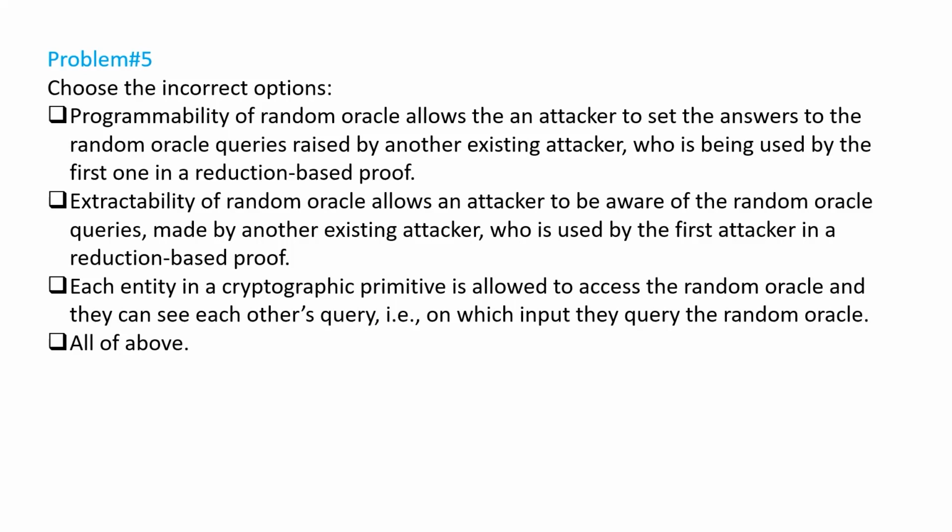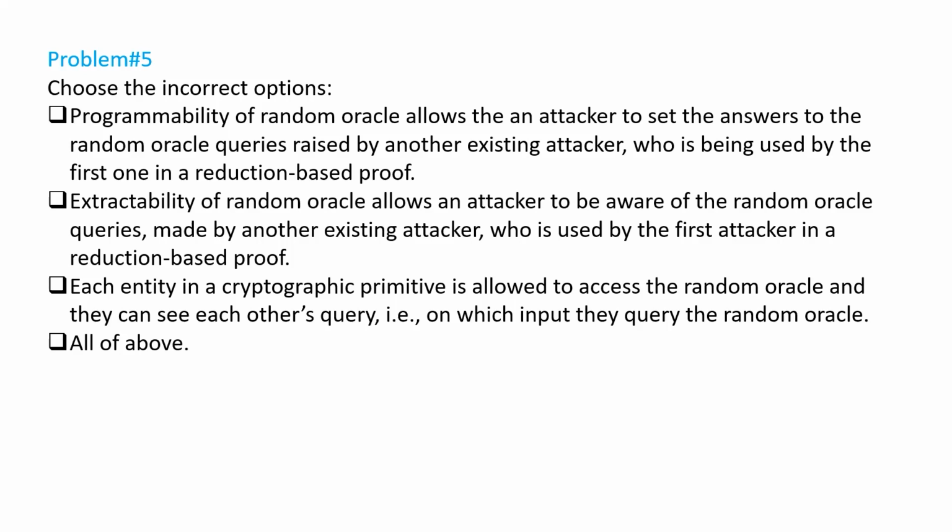Then you assume that pi is not secure first. Then if pi is not secure, there must be an adversary A which is able to launch a successful attack on the scheme pi. Then using that attacker A, you design another attacker A dash who is able to launch an attack on the existing scheme pi dash, which is already known to be secure.